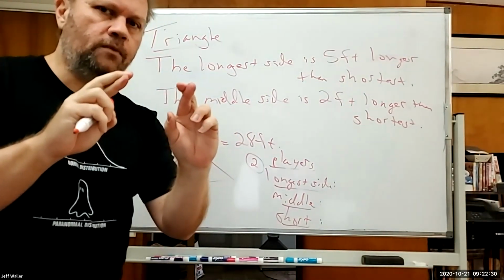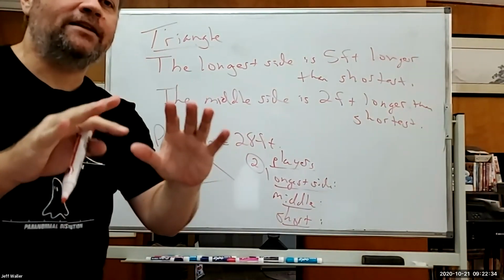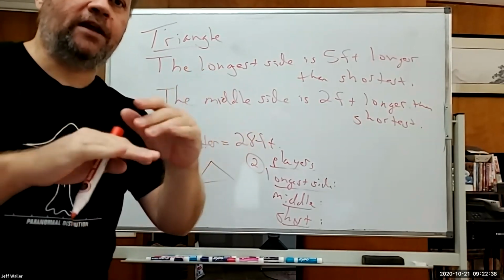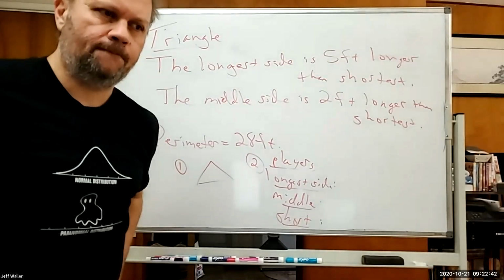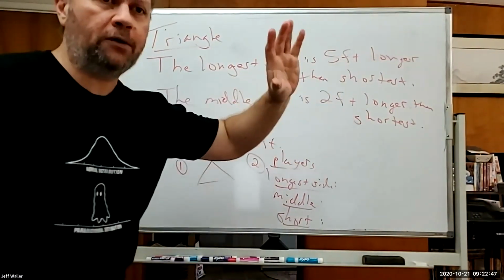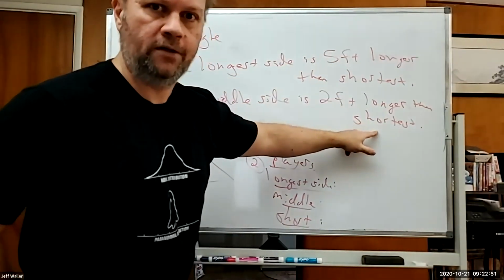Now, can somebody tell me which side I need to know the length of first? And then I can figure out the other two. Can you guys see that? The shortest one. Why do I have to know that one first? Because everything else depends on the shortest one.